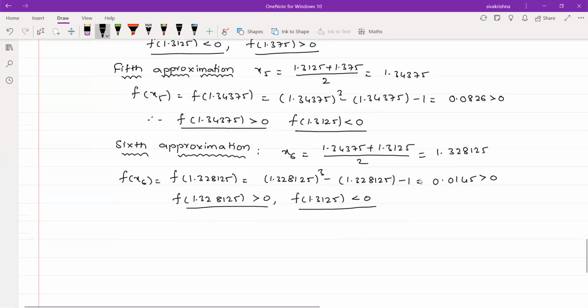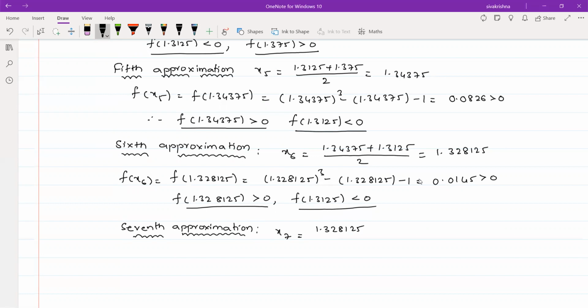Now we have to calculate the next approximation, that is the seventh approximation, x7. x7 is nothing but the average of the two numbers which have opposite signs, and those numbers are 1.328125 plus 1.3125 by 2, which is equal to 1.3203125. This is the seventh approximation.